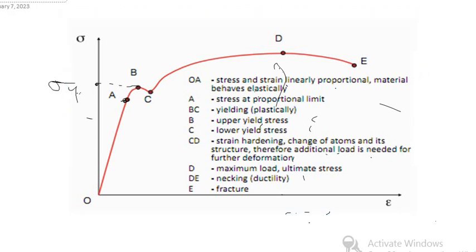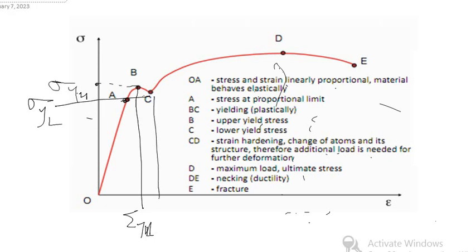This is the upper, and this point is the lower yield stress, and the strains at those points are the upper yield strain and the lower yield strain. So that is about these points.